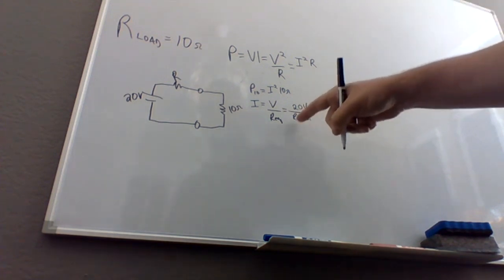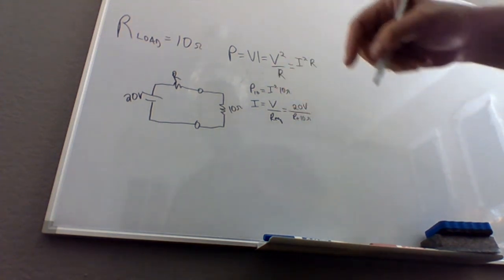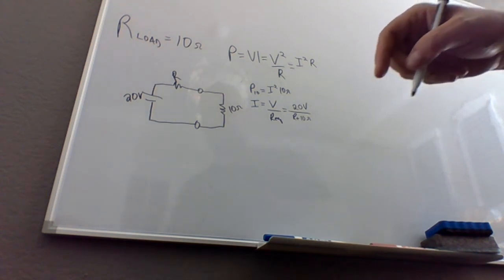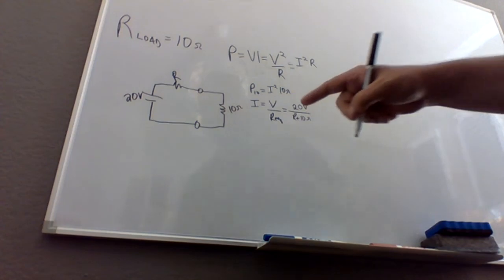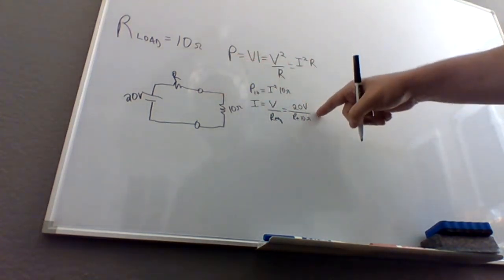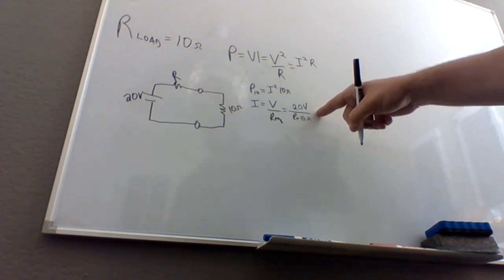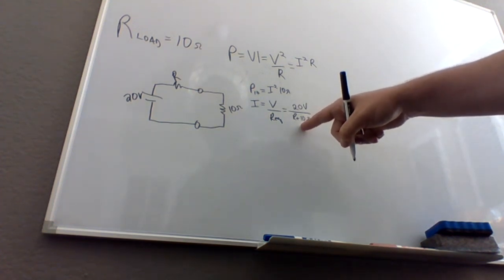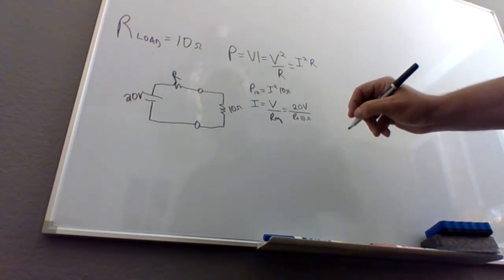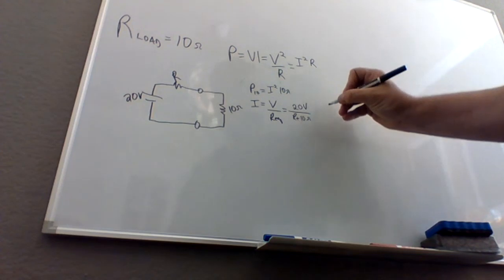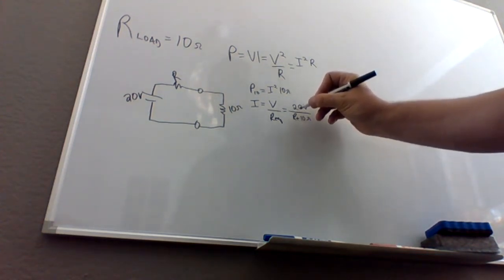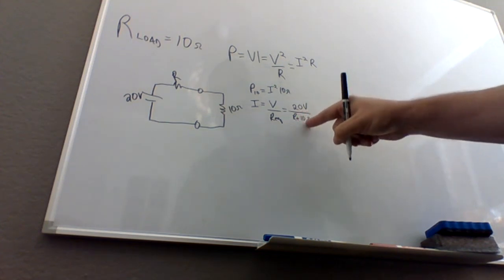What you're trying to do is solve for the R that will give you the maximum amount. And what you'll find is that as the R goes up, this I squared goes down, which makes perfect sense. It's 1 over R plus 10 squared. And what ends up happening is that it hits a maximum value where R equals 10 ohms.